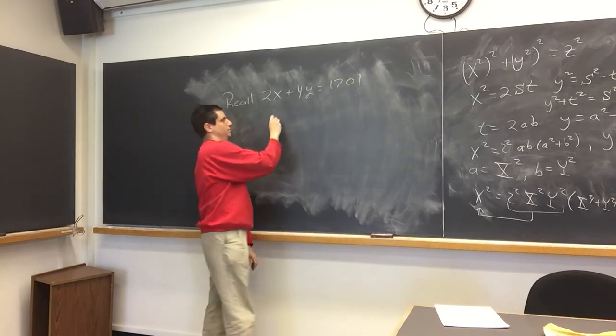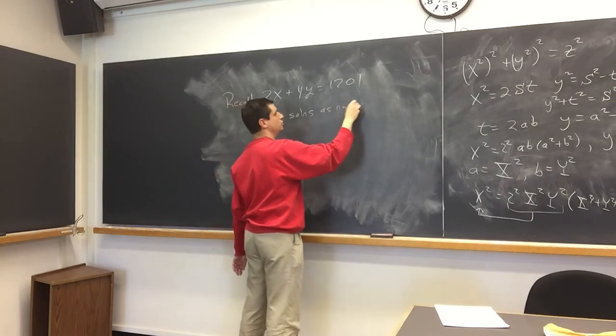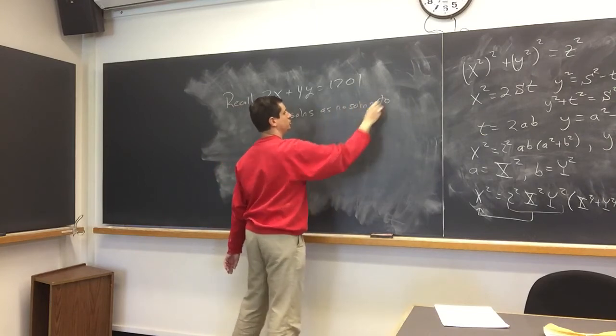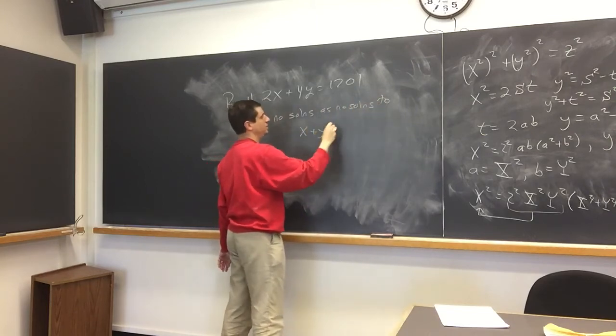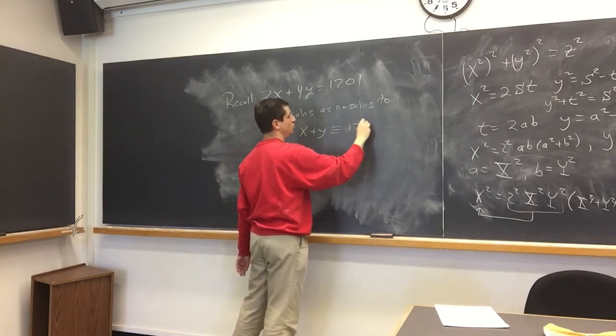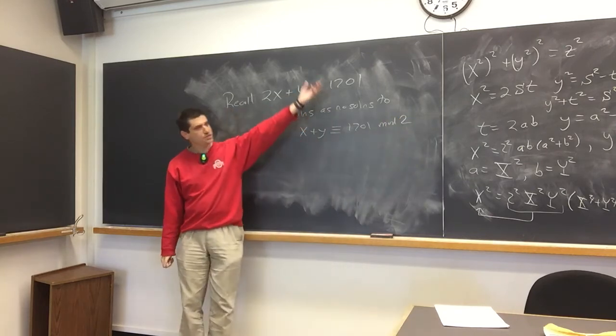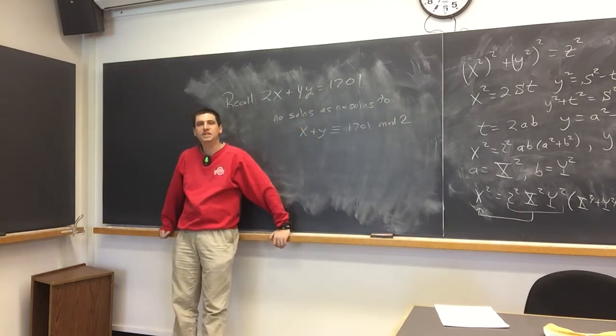There are no solutions, as there are no solutions to x plus y congruent to... I'm sorry, it's congruent to 1701 mod 2. So by looking at this equation mod 2, we can immediately deduce that there's no solution.